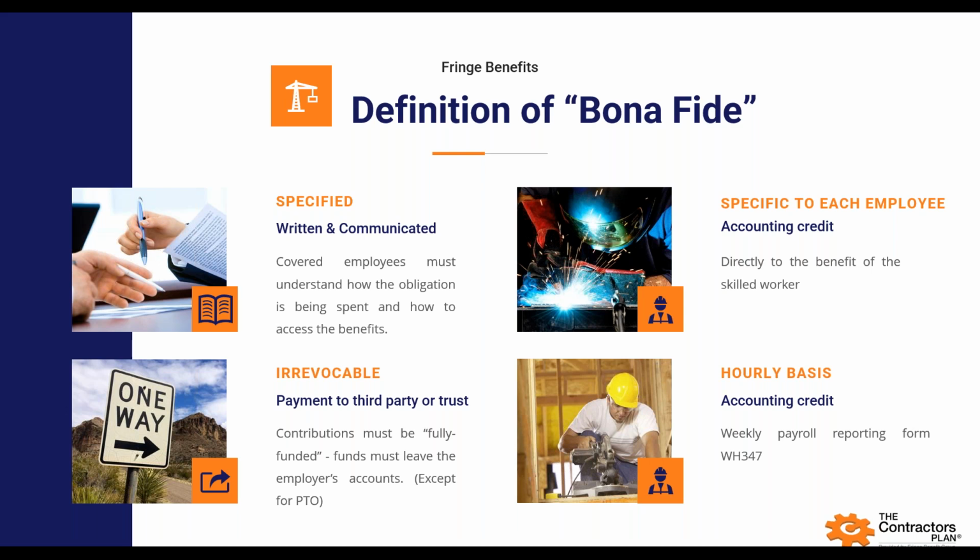So between Foundation Software or a firm like ours, those dollars must be accounted for down to the penny per hour and provide a benefit directly to the skilled worker. So hourly, each employee, written and communicated, and irrevocable, meaning the funds have left that employer's operating account. Those are the key criteria.